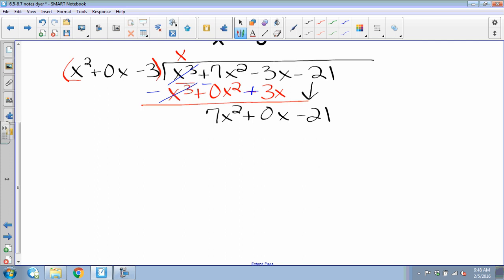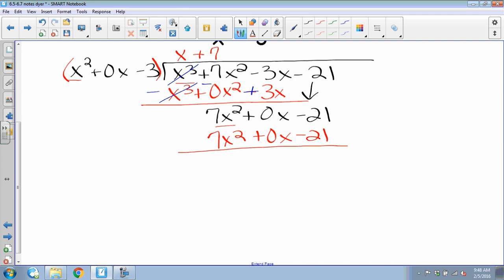What do we do next? Divide again. So, x goes into 7x squared how many times? 7, so plus 7. Now what? Multiply. 7 times x squared is 7x squared. 7 times 0x is plus 0x. 7 times negative 3 is negative 21. Now what?